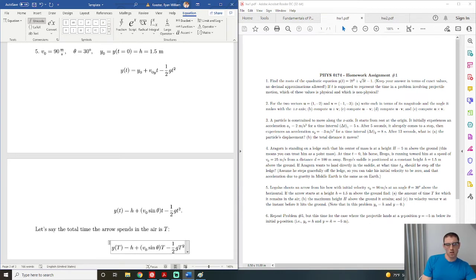And you might be thinking, what does this do for me, because this looks exactly the same as this. But the point is that we can now say that this equals 0, because remember, big T is the amount of time for which the arrow is in the air. It's its hang time. After big T seconds have gone by, the arrow is back on the ground again. This isn't so bad, right?